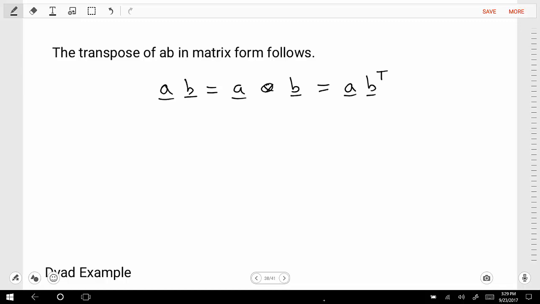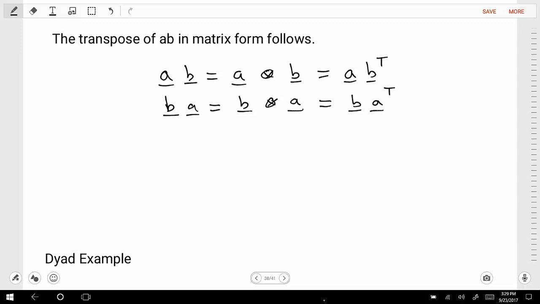When we do the opposite, when we switch the order of B and A, we have our B here, circle cross A, and we end up with B A transposed, where B is 3 rows, 1 column, and A becomes 1 row and 3 columns.